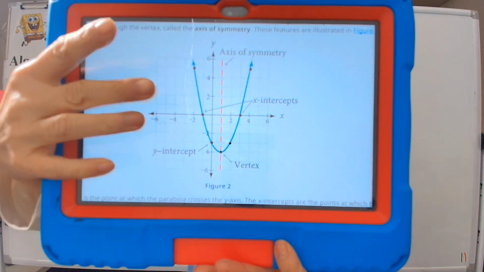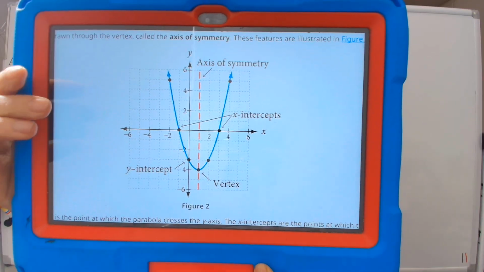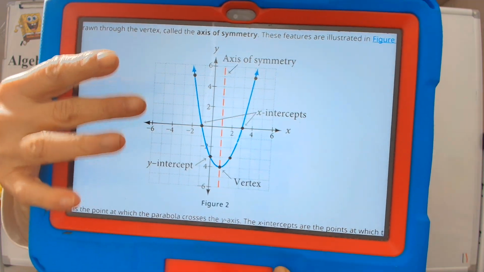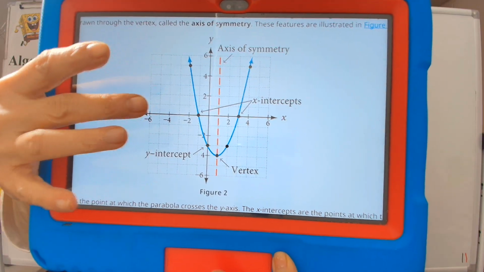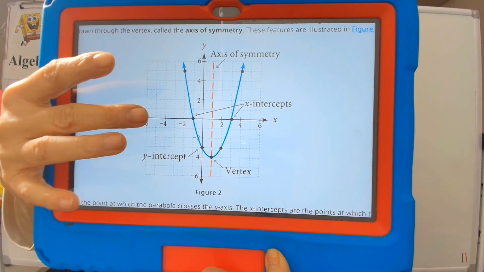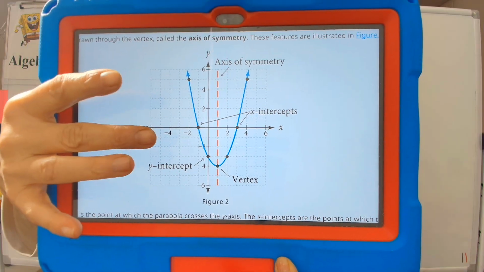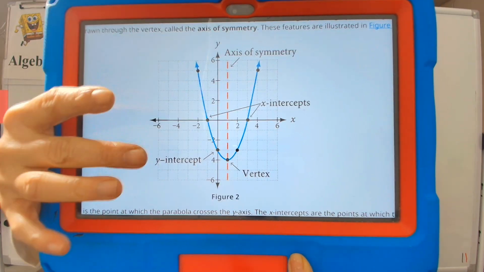The graph of the quadratic equation is a symmetrical parabola, which means it has an axis of symmetry down the middle. And then it crosses the x-axis at two x-intercepts, which we also call the roots. When you solve the quadratic equation, you're looking for those two x-intercepts. They're called zeros or roots, either way.